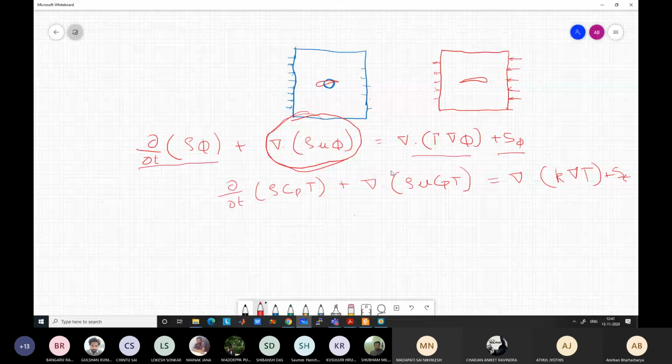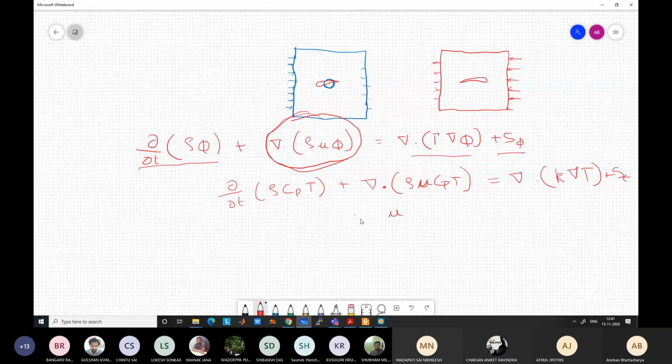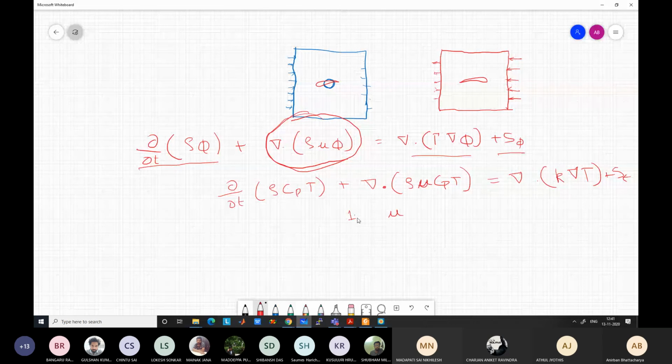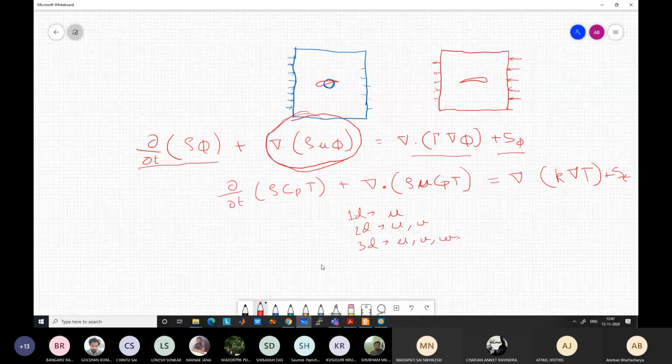For solving any of these equations except the momentum equations, we need to know the velocity values. In del dot u, it means that in 1D you need the u velocity component. If it is a 2D problem, you need the u and v velocity components, and for a 3D problem you need the three velocity components, u, v and w. We are not bothered initially about how these are supplied to us.